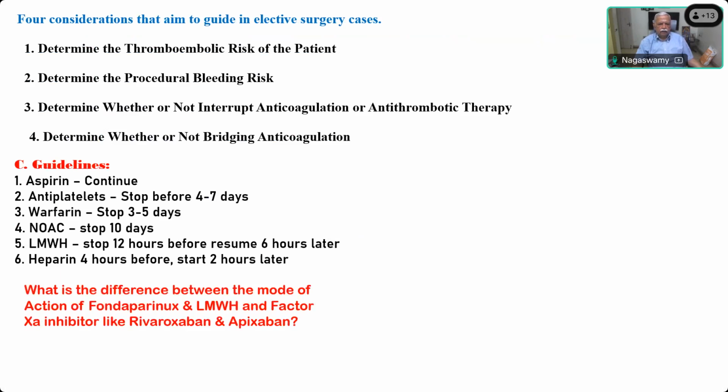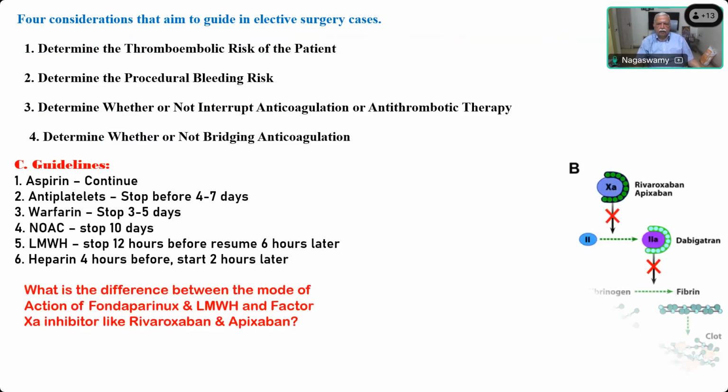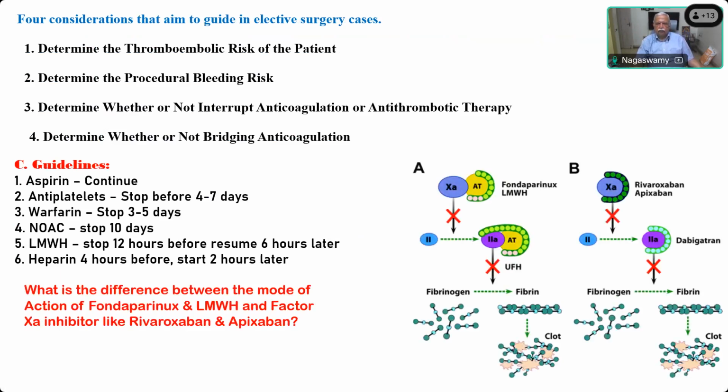Now, what is the difference between the mode of action of fondaparinux and low molecular weight heparin compared to factor 10A inhibitors like rivaroxaban and apixaban? I thought this would be useful information for you.